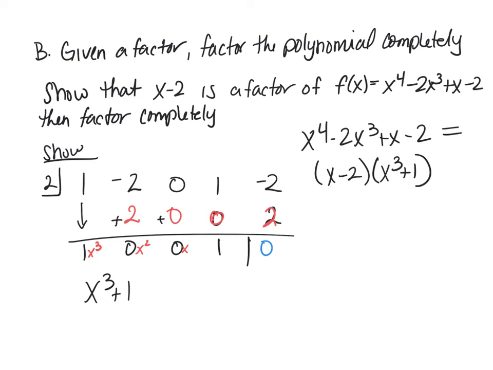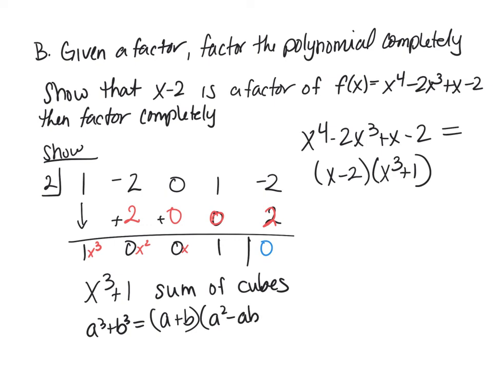So I need to factor the x cubed plus 1, and this is a sum of cubes. And remember that formula is a plus b, right? A cubed plus b cubed equals a plus b times a squared minus ab plus b squared. So in this case, this is x cubed plus 1 cubed.